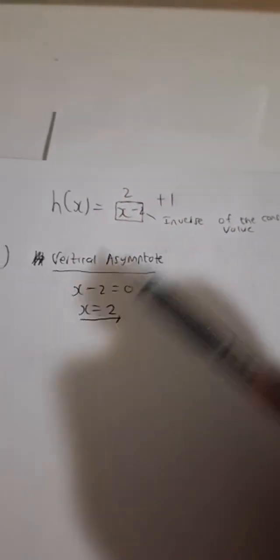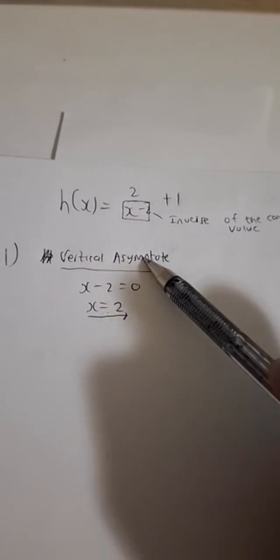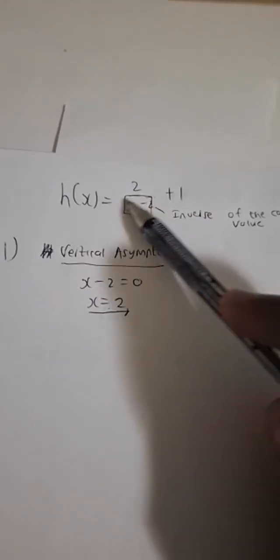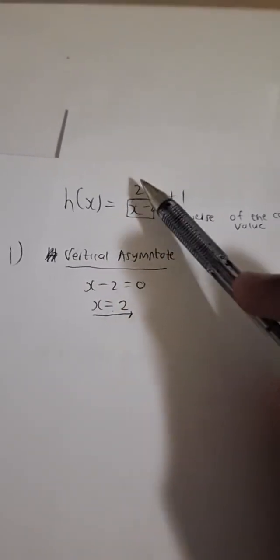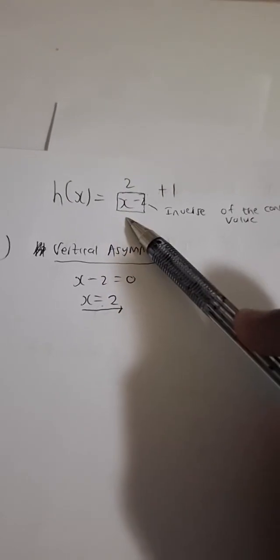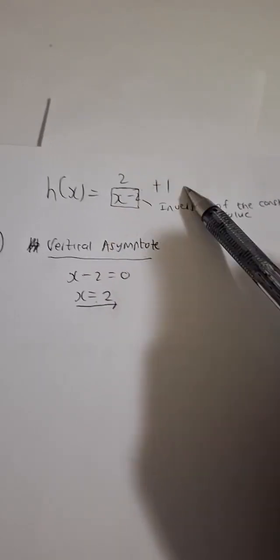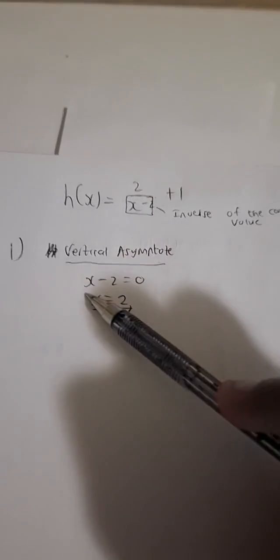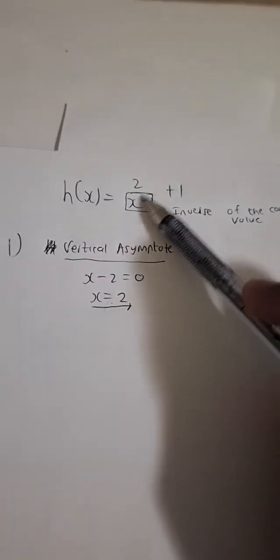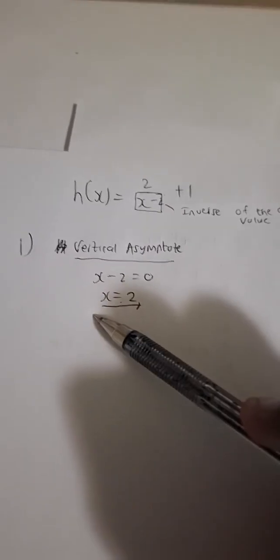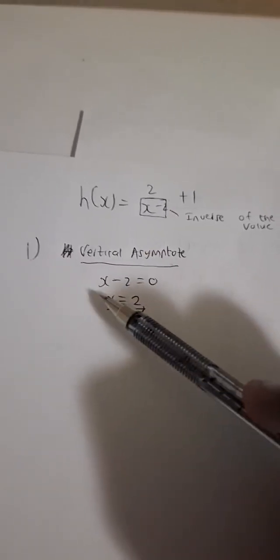So please, guys, whenever you are asked to write the vertical asymptote, consider the expression in the denominator of your function, and then the inverse of the constant term is the value of the vertical asymptote. So x is equal to 2 is our vertical asymptote.